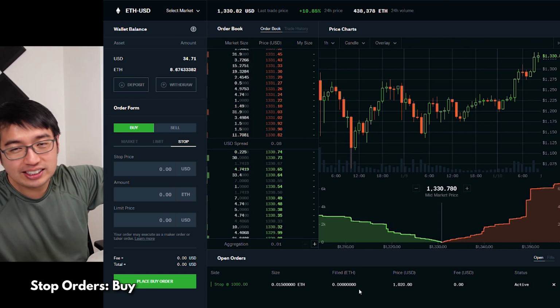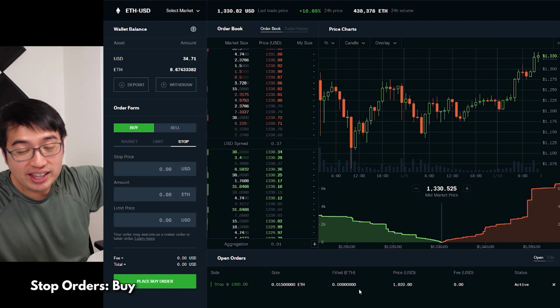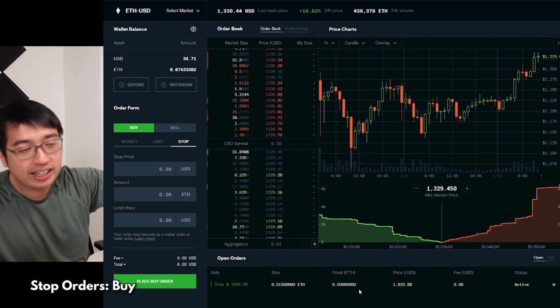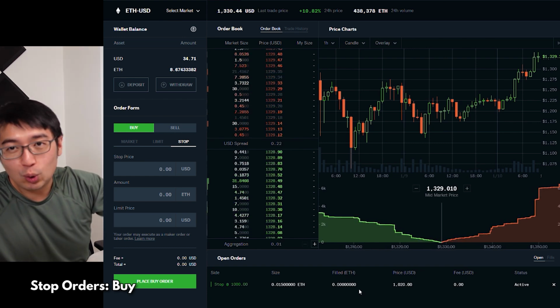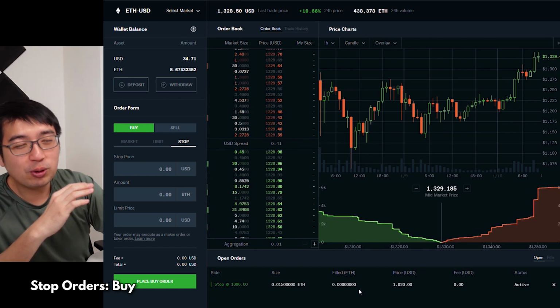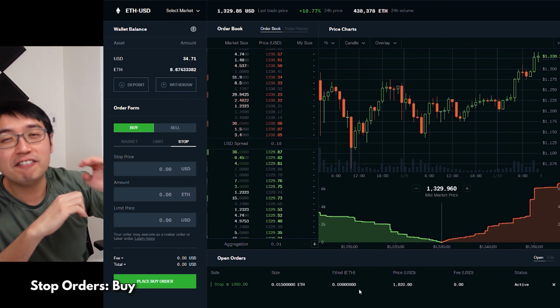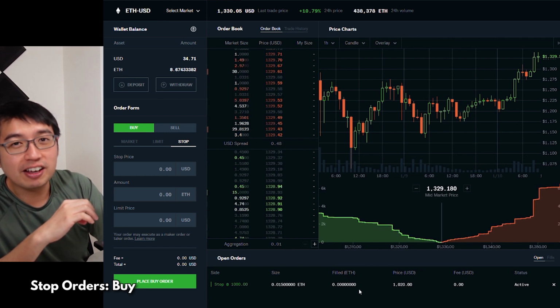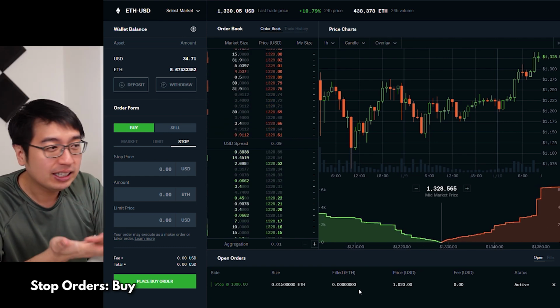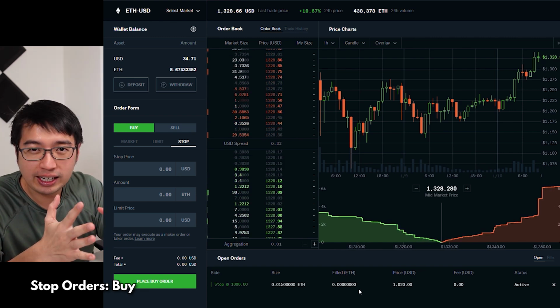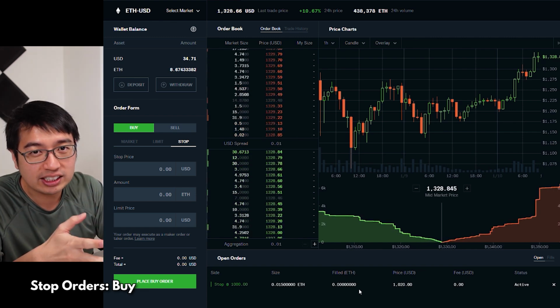And as soon as that price dips to $1,000, a limit order is created in the order book for 1,020, because at that point I'm just market buying up to $1,020 of any cryptocurrency that is available for sale at that point. So it just gives you a little window of buying cryptocurrency when the price is falling.